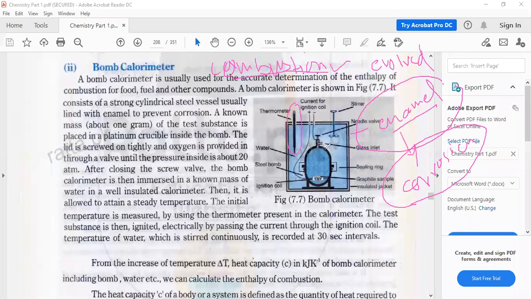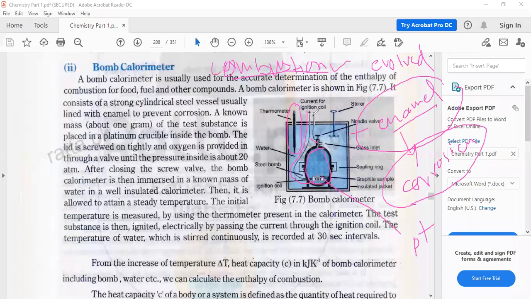So here you can see the bomb calorimeter. In this bomb calorimeter, a platinum crucible is present. In that platinum crucible, we place a sample, for which we are going to do the combustion reaction. Here you can see the ignition point is also present. That is connected with the outside current.